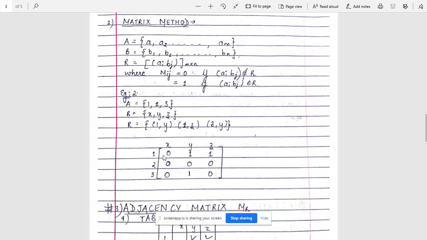Now (2,x) is not here, so 0. (2,y) is not there, 0. (2,z) is not in the relation, so 0. (3,x) is also 0. (3,y) is in the relation, meaning that ordered pair is present in the relation, we will put 1 according to our definition, otherwise it is 0. So this will be your matrix representation of relation.